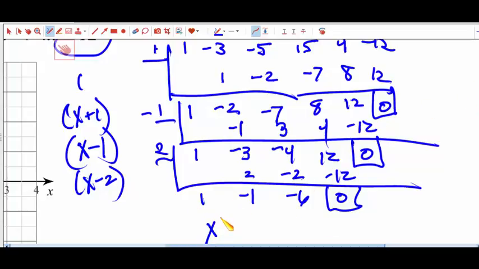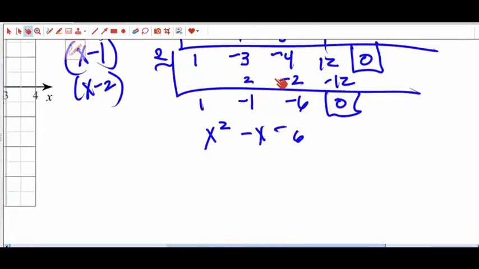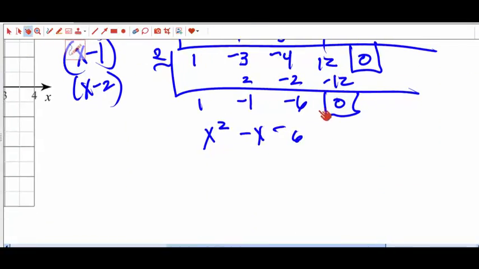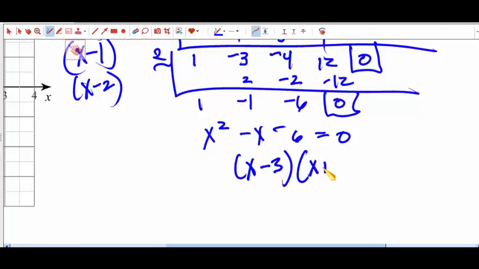So now I'm down to 3 terms. The easiest thing to do is to write it out as a trinomial and then just factor that trinomial. So I can see that's going to factor to be x minus 3 and x plus 2.